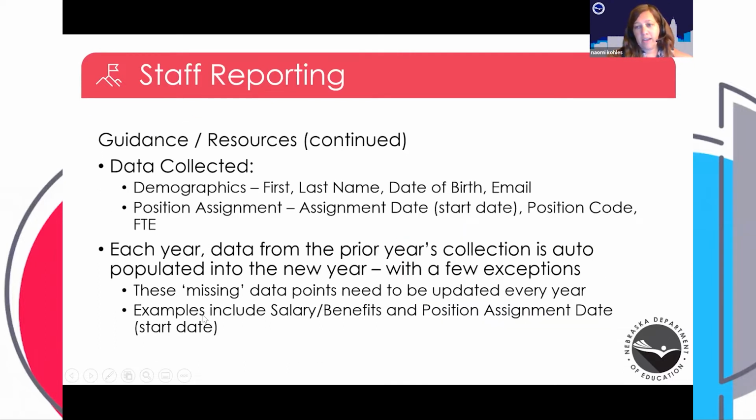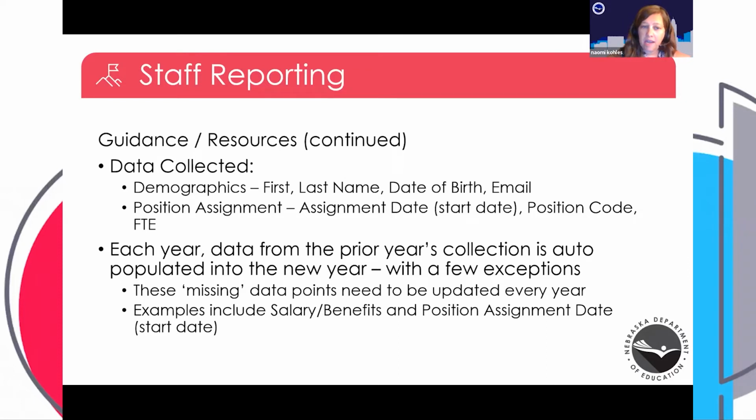All right, so the data that we're collecting within the staff reporting collection is both demographic and assignment based. Demographics include first and last name, race, date of birth. It also includes things like email, salary, and contract information.